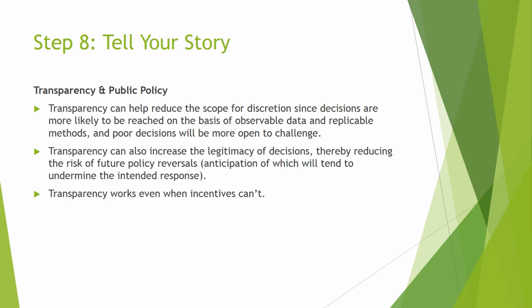So if a political person has appointed another conservative or a liberal person into office, guess what? That policy is going to be implemented as very conservative or very liberal. So transparency works even when incentives cannot. Just be open, be honest, and see what happens.